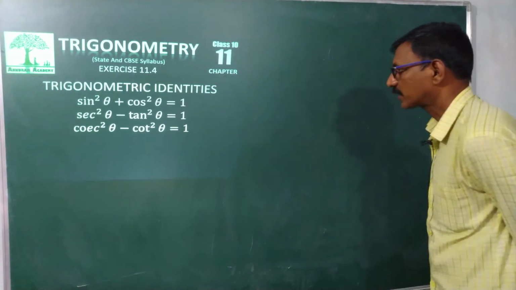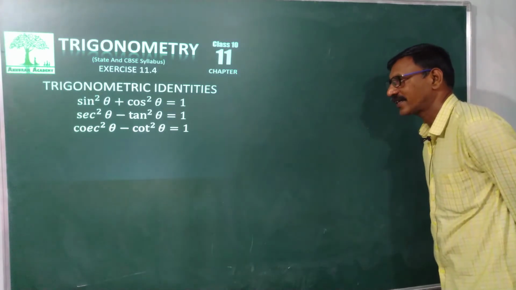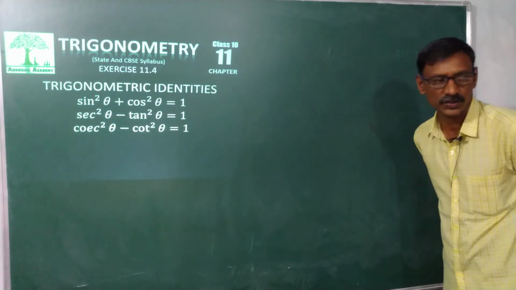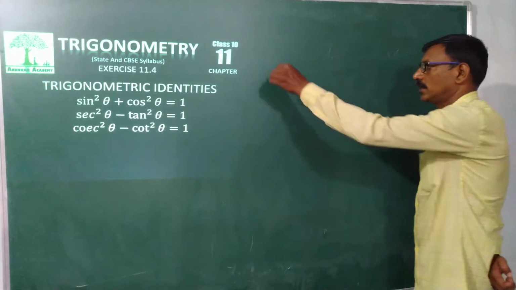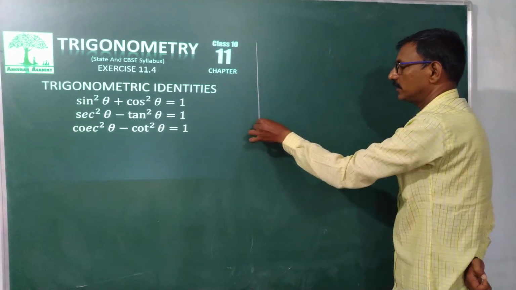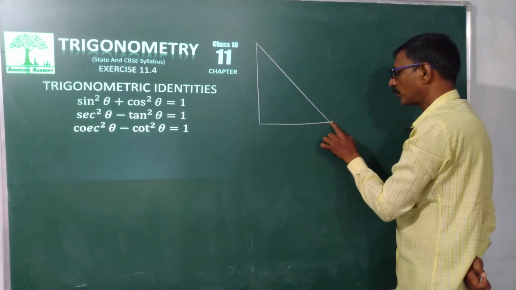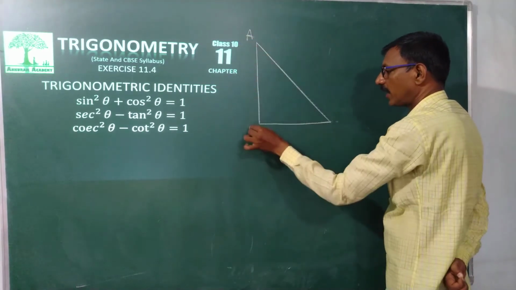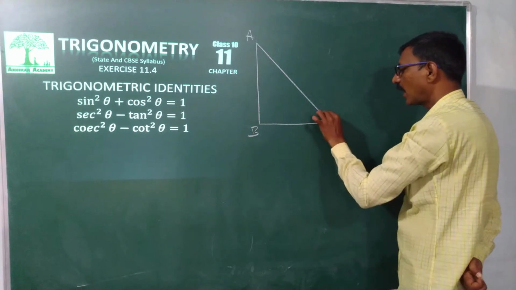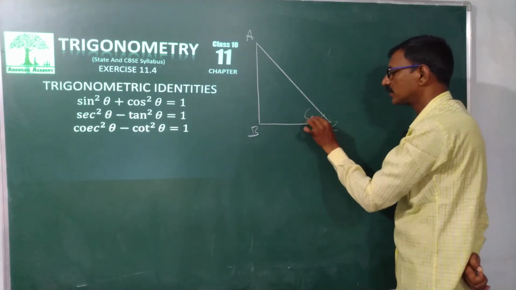Okay, let us try to understand sin square theta plus cos square theta equals to 1. This is my right angle triangle. I would like to name it A, B, C, and C is my acute angle. This is theta.